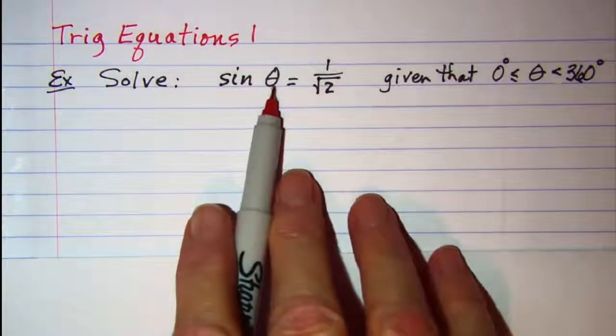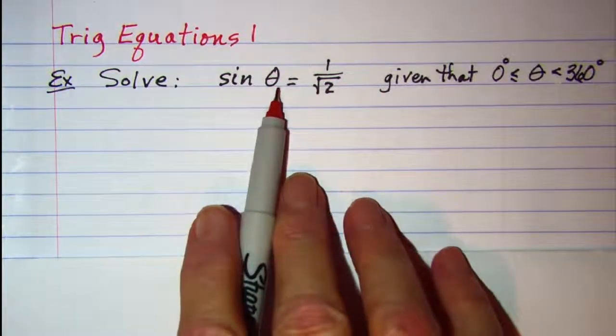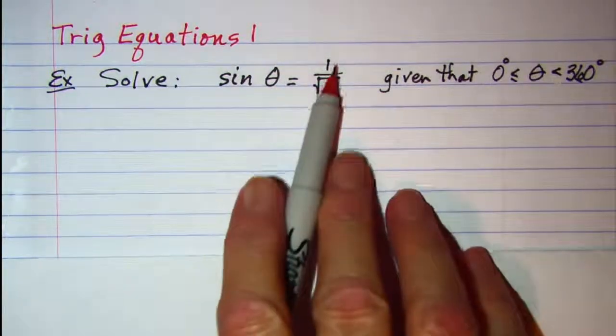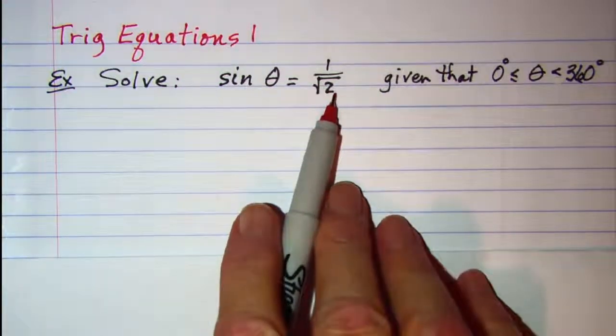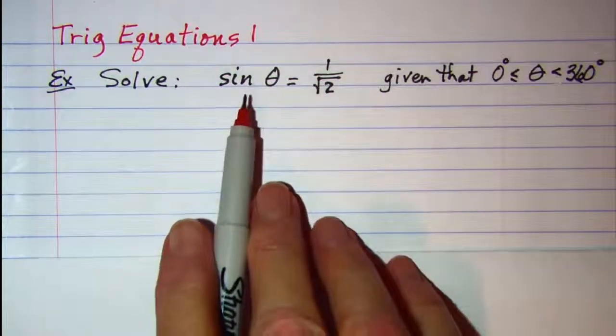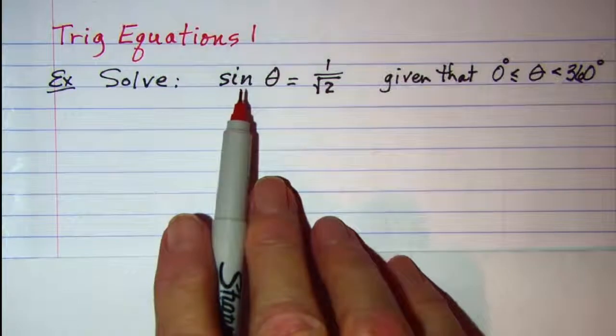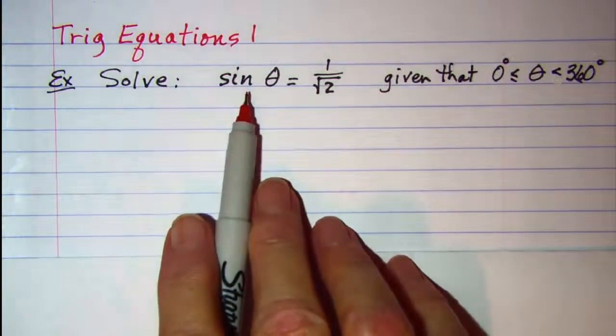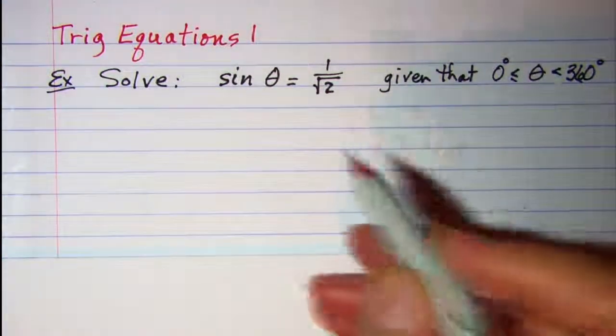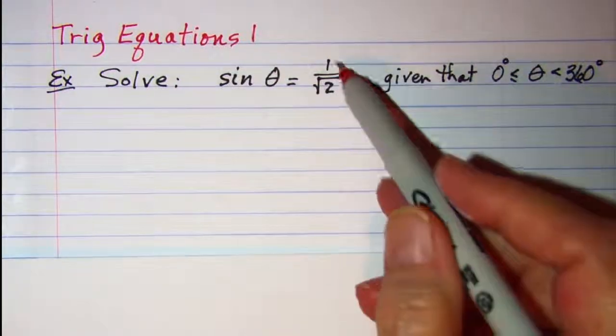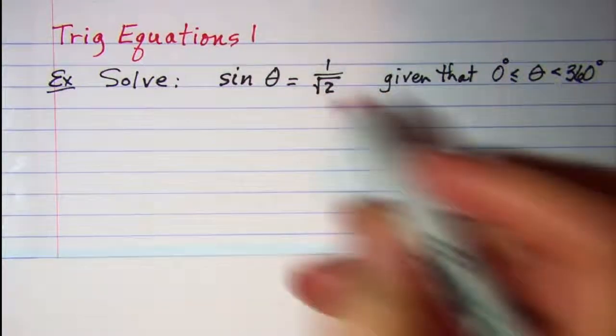So basically, we're looking for the angle that has a sine of 1 over root 2. Now, I would recommend drawing a picture of our reference triangles because this is one of our special triangles.